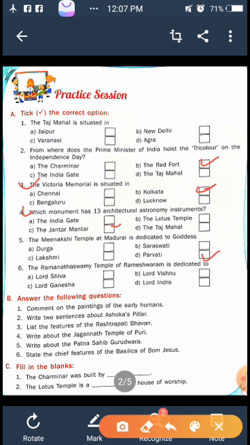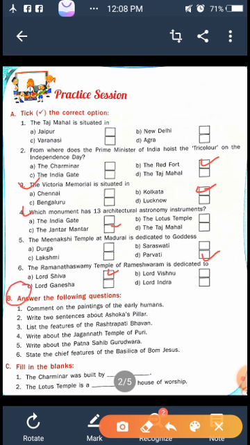The Ramnath Swami temple of Rameswaram is dedicated to A, Lord Shiva, B, Lord Vishnu, C, Lord Ganesha and D, Lord Indra. So it is Lord Shiva, option A.